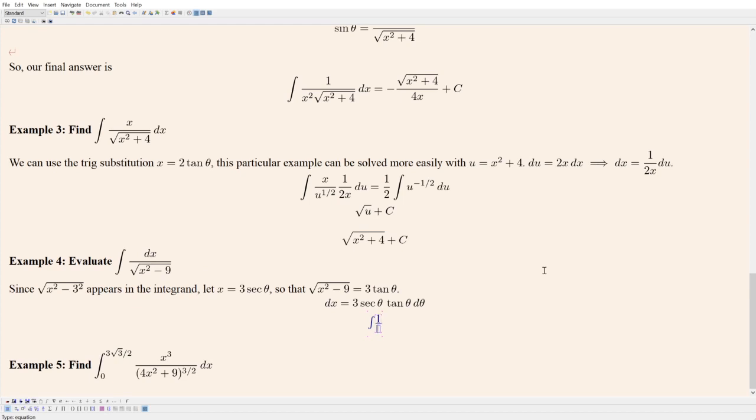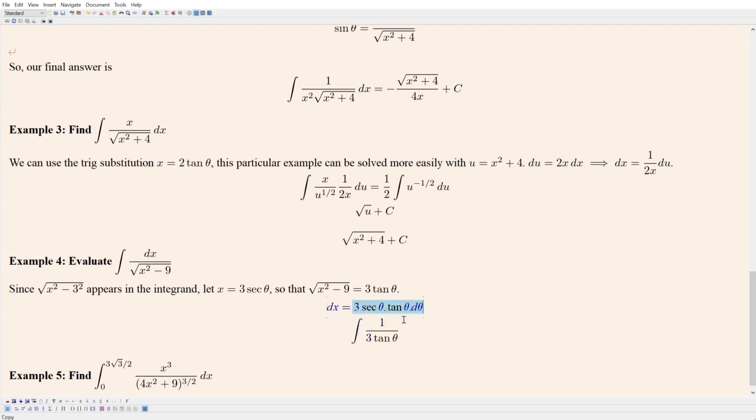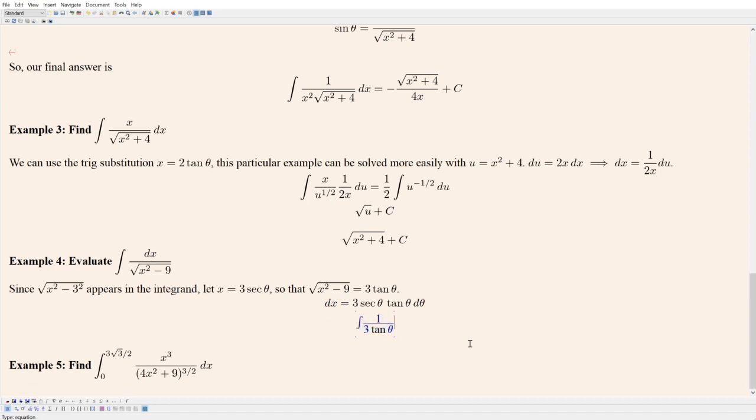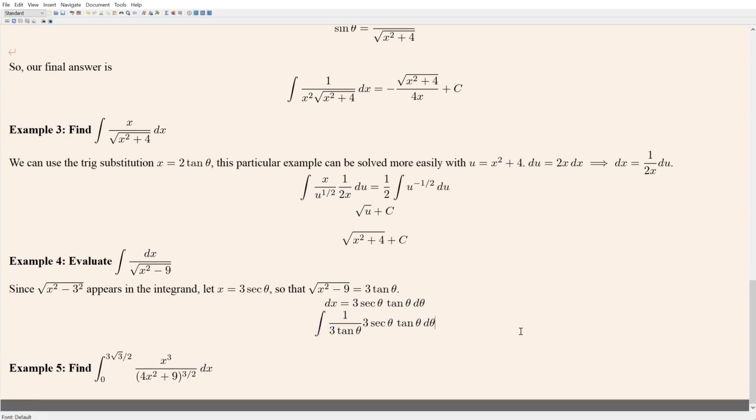So let's see. Square root x squared minus 9 becomes 3 tan theta. And then dx is going to become all of this junk. Like so. Okay, so let's see what happens. 3 cancels, 3 cancels, tan cancels, tan cancels.